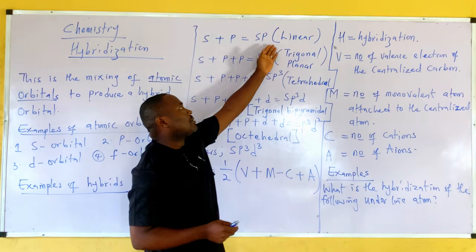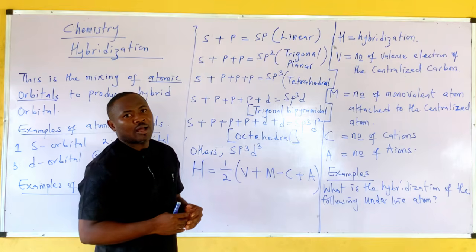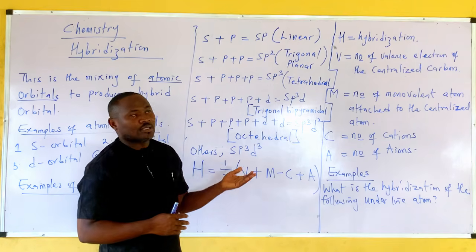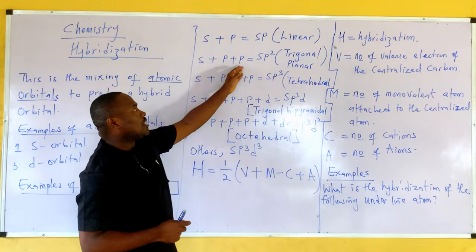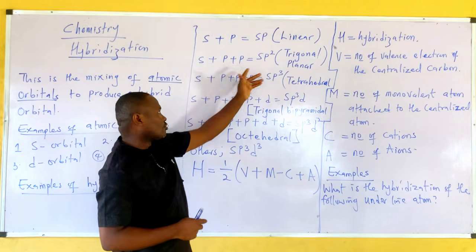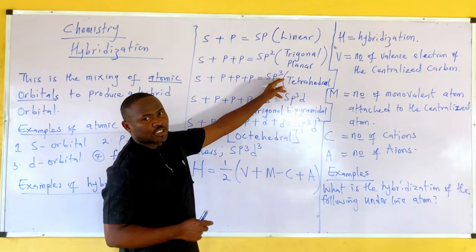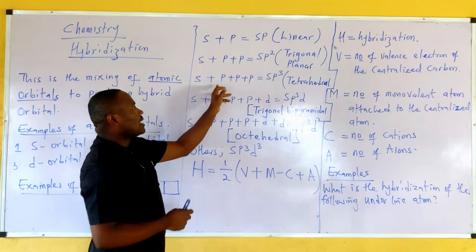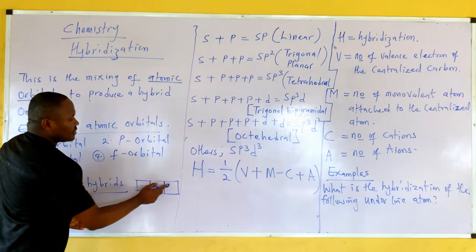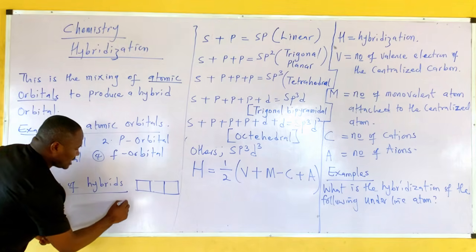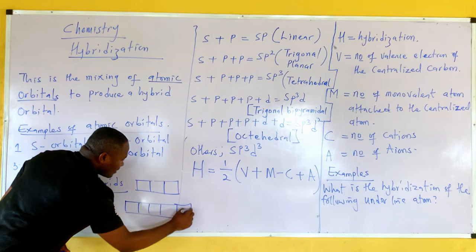The sp hybridized is linear in shape, so compounds that are sp hybridized are linear in shape. Then s combining with 2p gives us sp2, and s combining with 3p gives us sp3. Then p is exhausted because p has only 3 orbitals, but d has 5: 1, 2, 3, 4, 5.